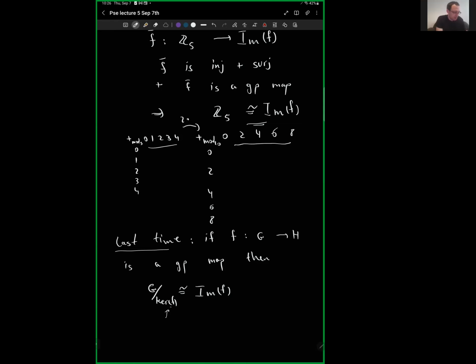F is going to be surjective onto its image, and it might not be injective, but since the kernel of F measures how much F is not injective, once you mod out by the kernel, you get an injective map. So then you get an injective plus surjective map, which is an isomorphism.